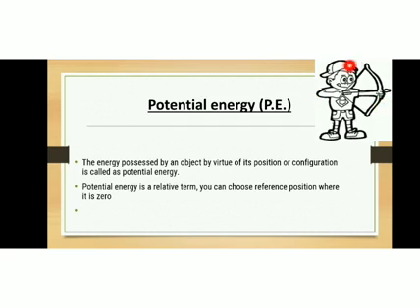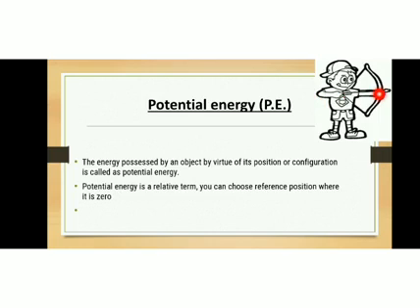So two energy conversions are taking place here. When the string is stretched, some work is done. That work done is stored in the form of potential energy inside the string, and when the arrow is released, the potential energy of the string is converted to kinetic energy of the arrow.